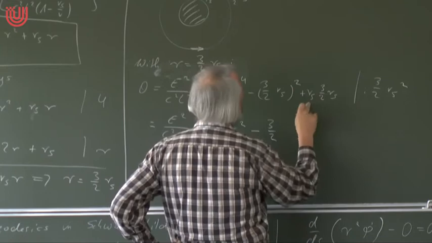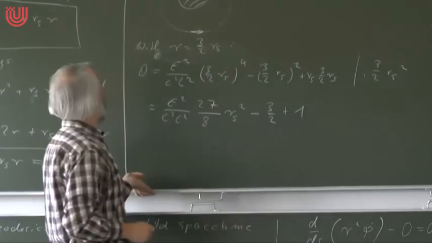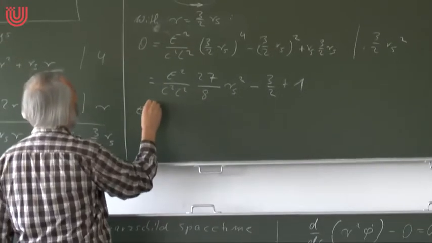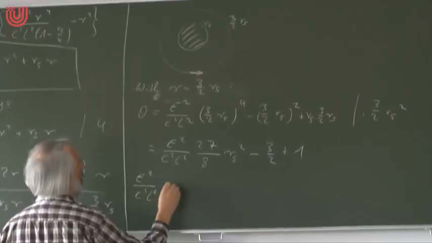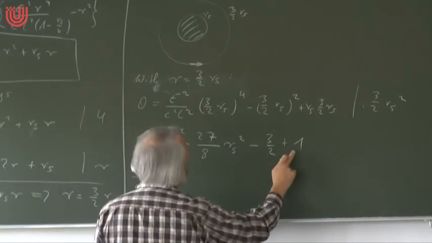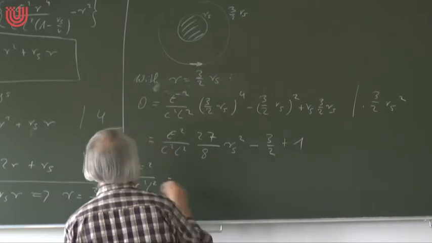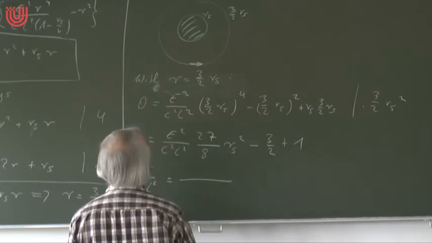And that's it. And here I have plus 1, right? So I have E squared over c squared L squared is what? This is 1/2. It is plus 1/2. Is that true? It's 1/2.